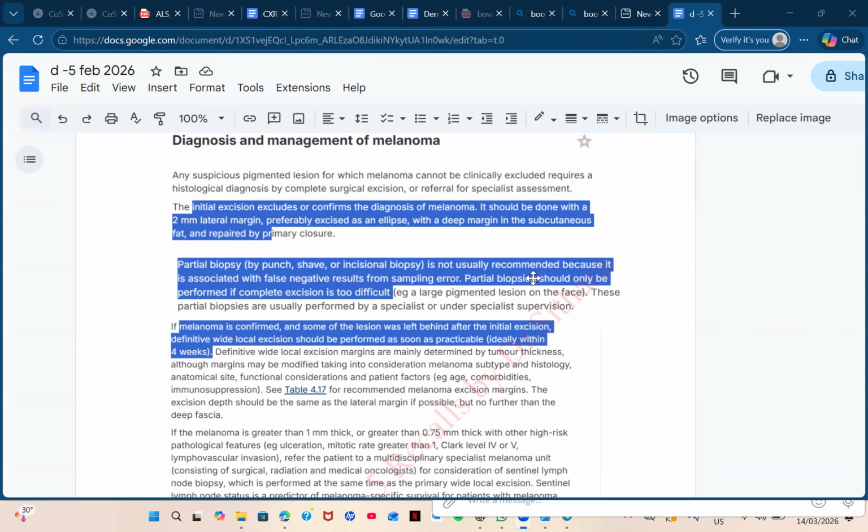But partial biopsy should only be performed if complete excision is too difficult, like the example in the previous face picture, because that area is very hard to completely excise as an initial step to take the histopathology. So in that case, you use partial biopsy.